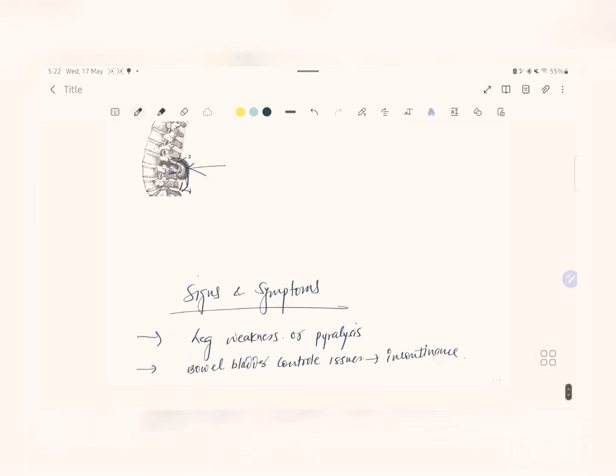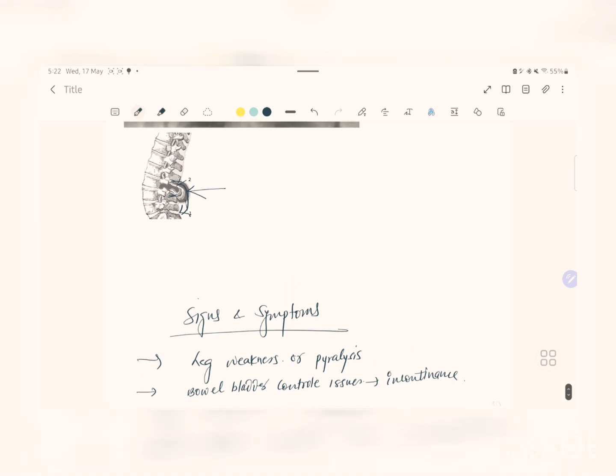So they will have either sensory loss in the bladder, so they will not be able to understand the sense of urination, or there may be a motor weakness, so they will not be able to urinate. So both forms of deficit may be present in the child with spina bifida.